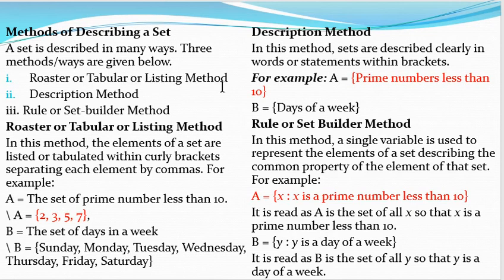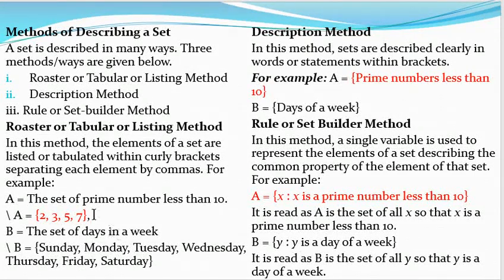One is the roster or tabular or listing method, another is the description method, and another is the rule or set builder method. So in these methods of describing a set, we have already understood. Sometimes we write B equals to {a, e, i, o, u} in a curly bracket, and we consider that as the vowel letters of the English alphabet.